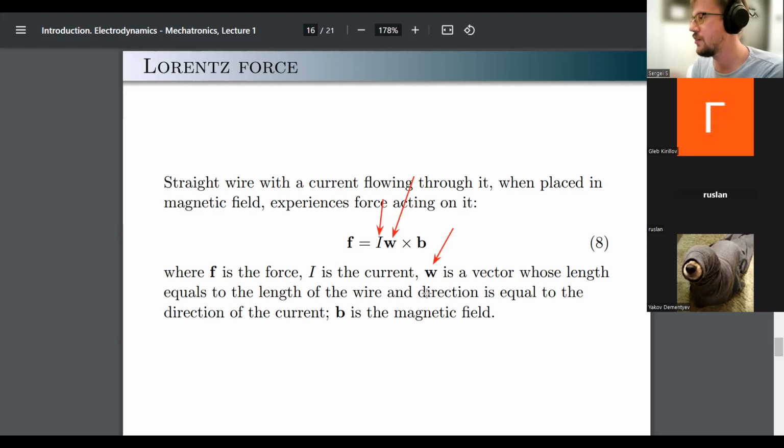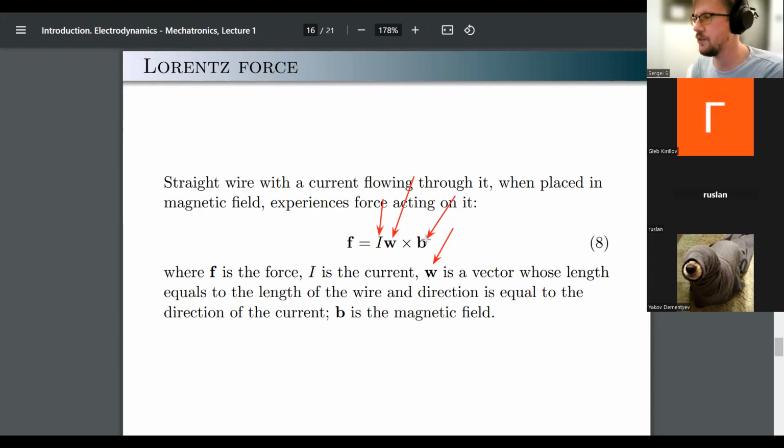The current by definition goes along the wire, so we can measure in which direction it goes. And the cross product of this W with B.